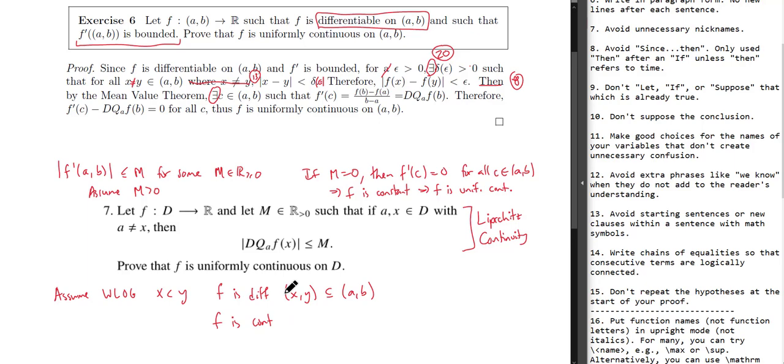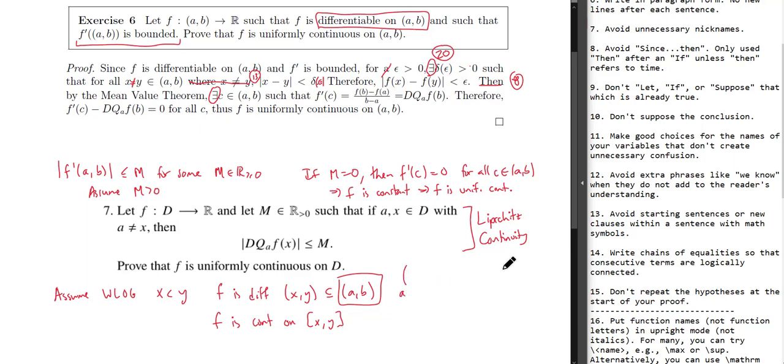Because differentiability implies continuity, right? So f is continuous even on the closed interval xy. And it's important here that x is not equal to a, y is not equal to b.